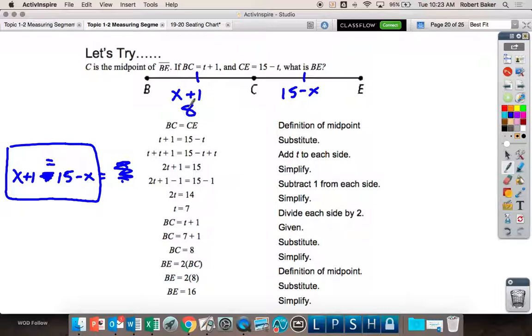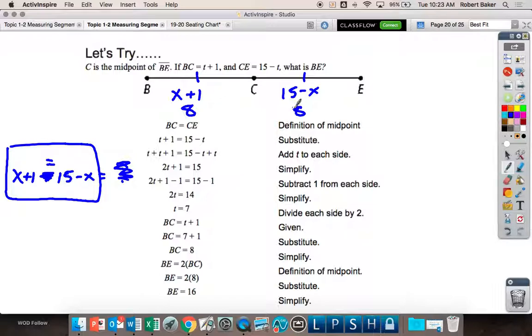So try it again. What's 15 minus 7? 8. It does work. So when they are both the same size, you know you mathed correctly. So if the first part is 8 and the second part is 8, how long is the whole thing? 16. That gives you kind of a basis for what you're doing.